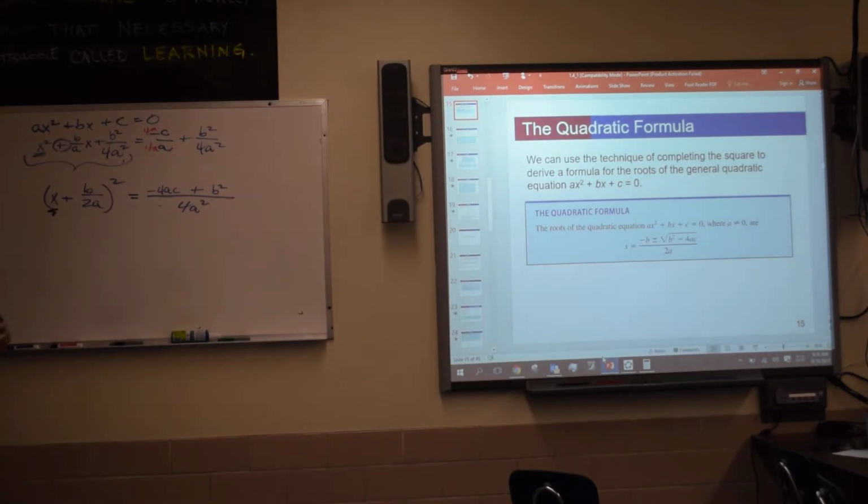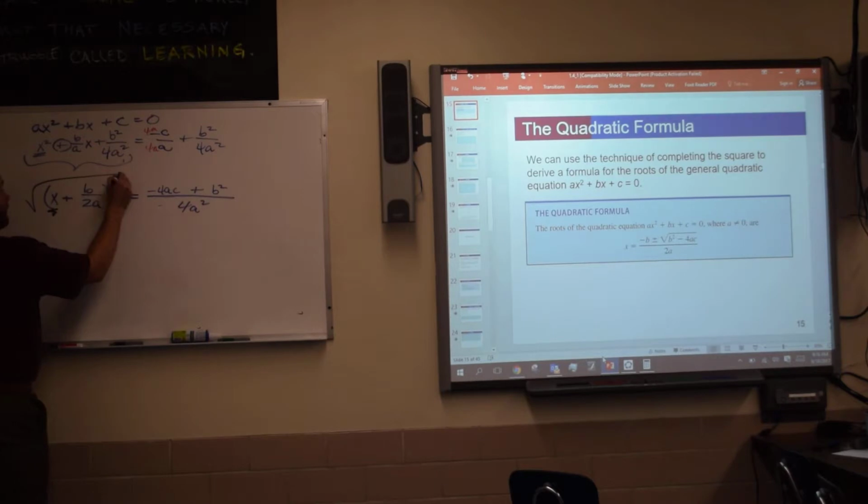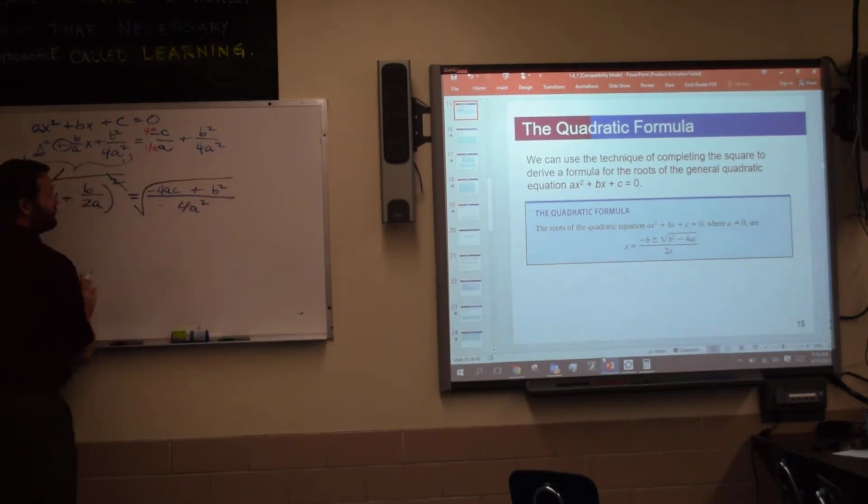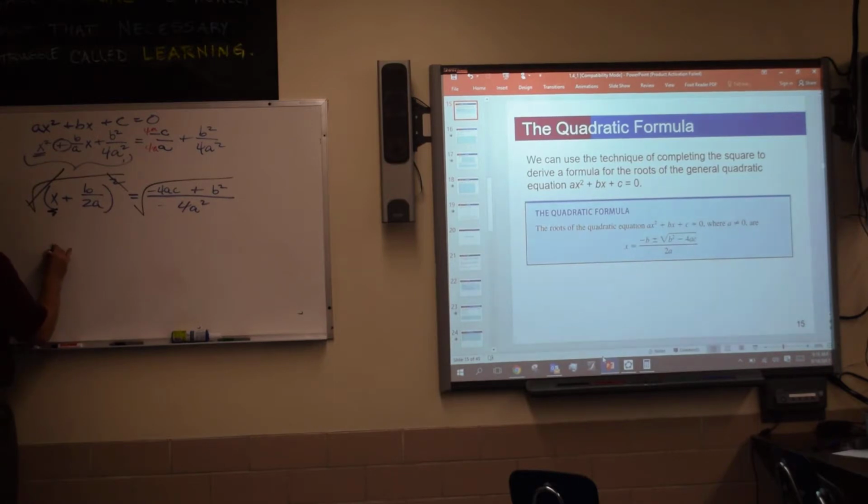What's the operation here that's inhibiting me from working inside those parentheses? Yeah, the power of 2, right? So I've got to square root things, so I can do that, correct? Come over here and square root it. So on the left-hand side, that's real easy. It's going to leave me an x plus b over 2a, right?